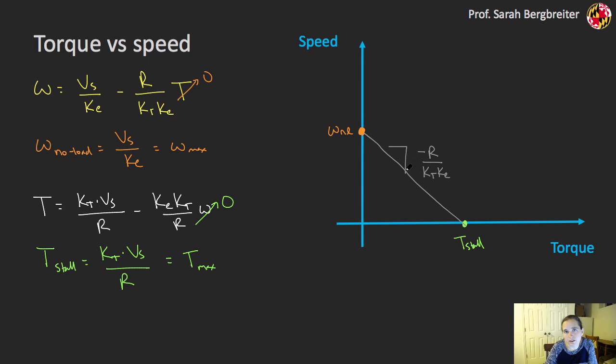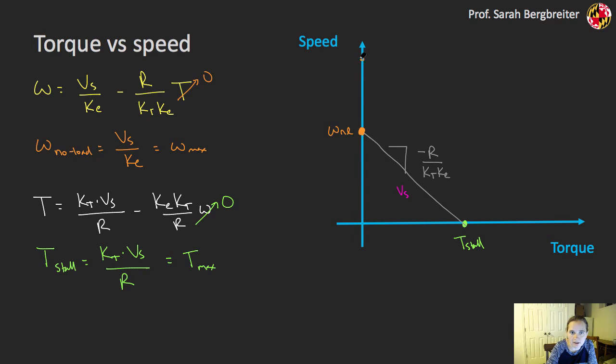I can also look at the effect of the supply voltage on this curve. So this was at some given Vs, but let's say I apply 2 times that voltage, and let's see what happens. My no load speed is directly proportional to that supply voltage, and the same thing with my stall torque, also directly proportional to that supply voltage.